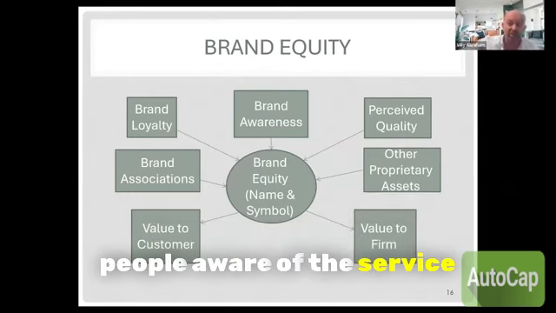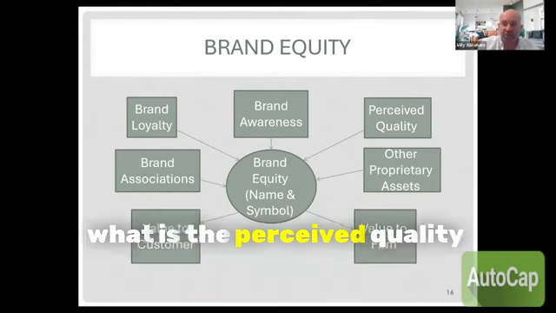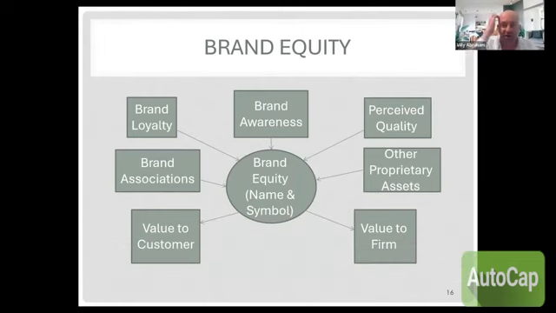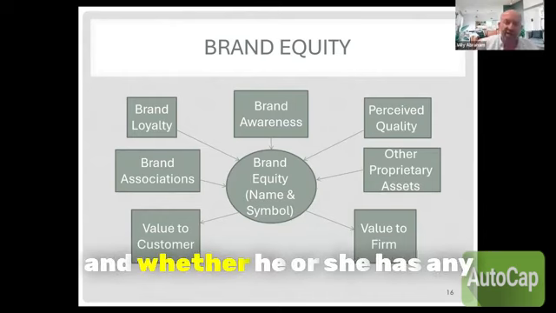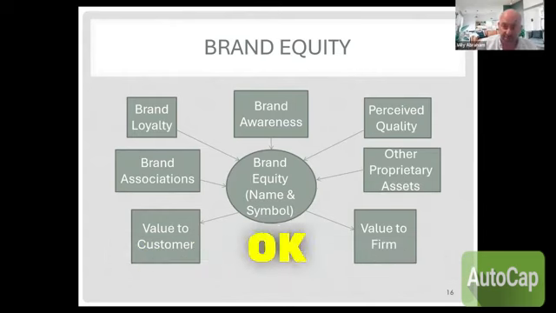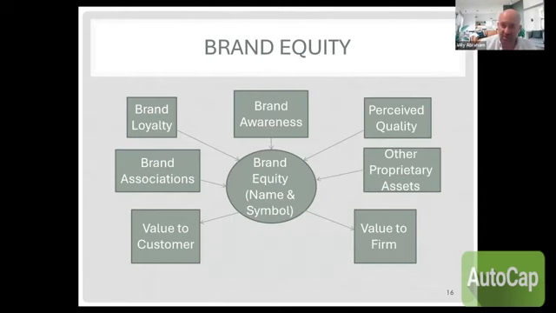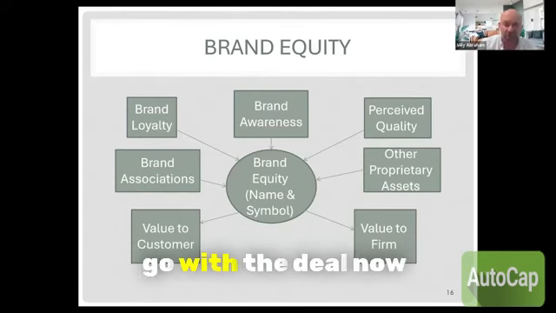Are people aware of this service provider? Do people know him? What is the perceived quality of the service provided by that provider? And whether he or she has any proprietary assets that you can benefit from. Okay? If all of this is positive, there is high brand loyalty, very positive brand associations, great brand awareness, perceived quality, then I would say go with the deal.